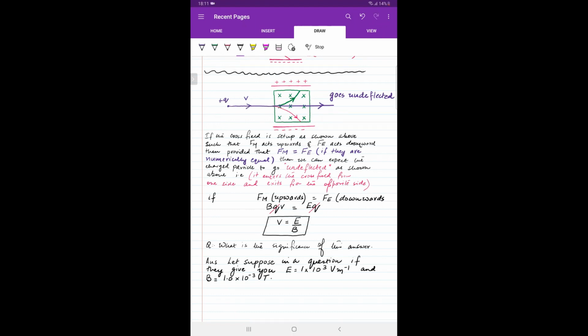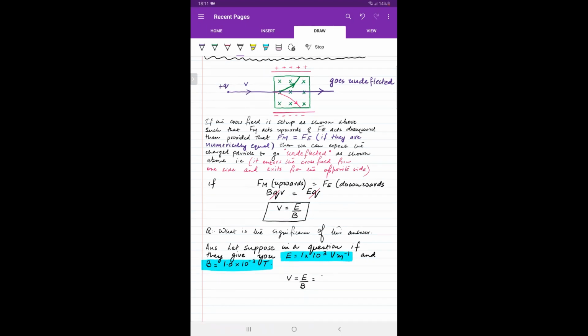So अगर किसी question में they provide you with the values of electric field strength, and if they provide you with the value of the magnetic flux density, so you know, if you apply the formula just to see क्या answer आएगा, and then to recognize कि ये answer आपको क्या बताएगा, this is what I'll end up with. आंसर ये आ रहा है.